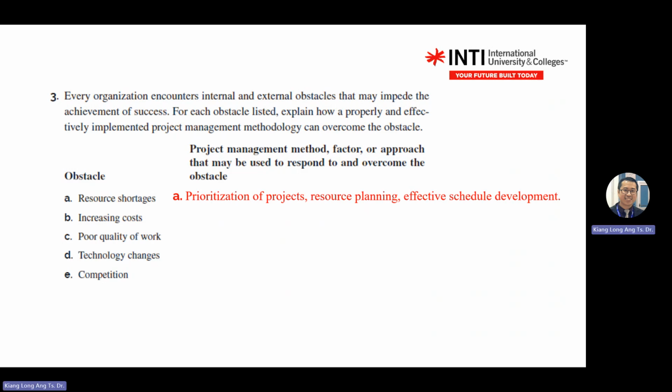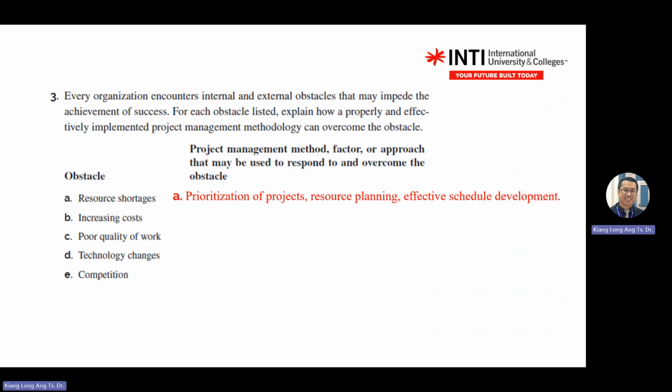Okay, second one, increased cost. When you solve questions in this module, try not to create another question in your answer. For example, if the question asks about resource changes, don't go and mention cost.